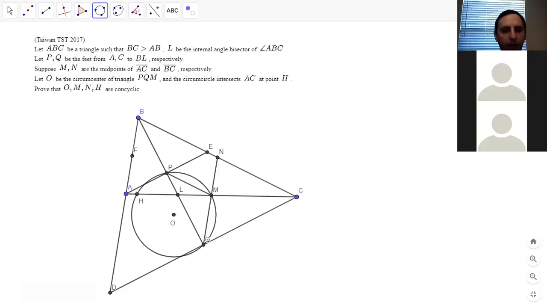So basically that would mean BH is perpendicular to AC. It's interesting.